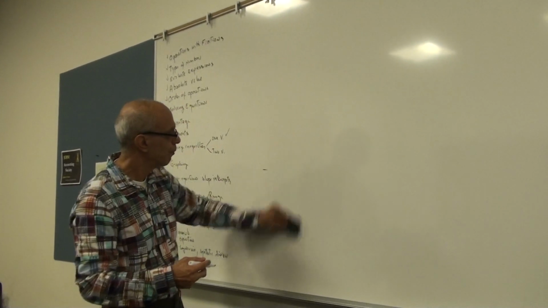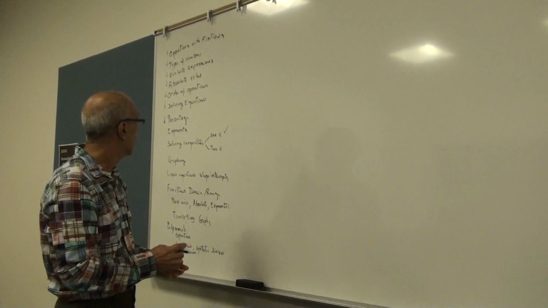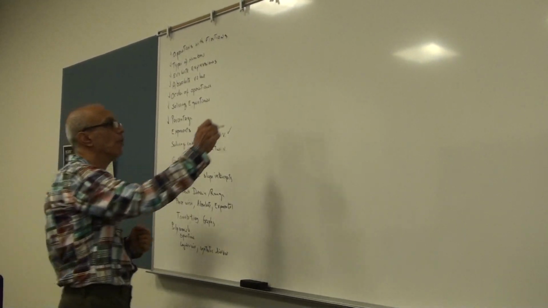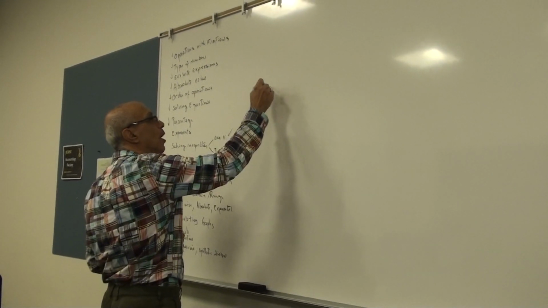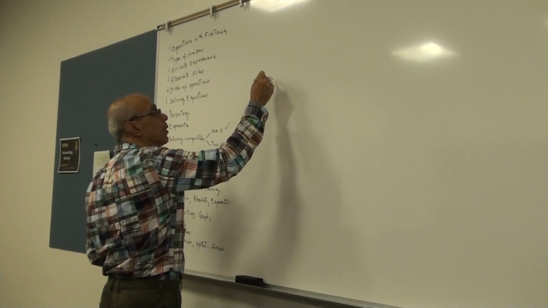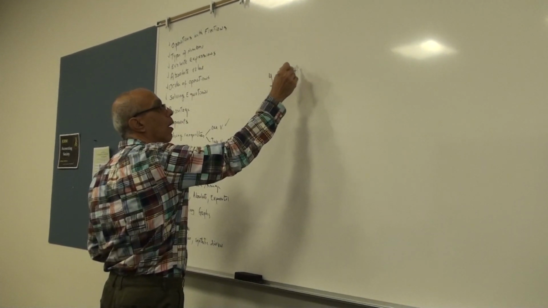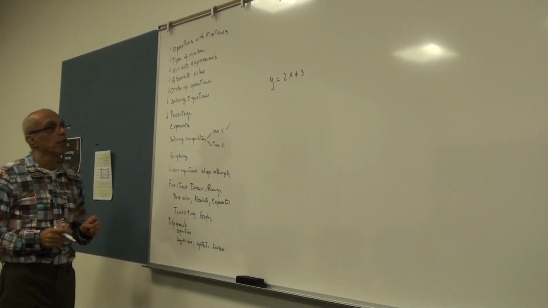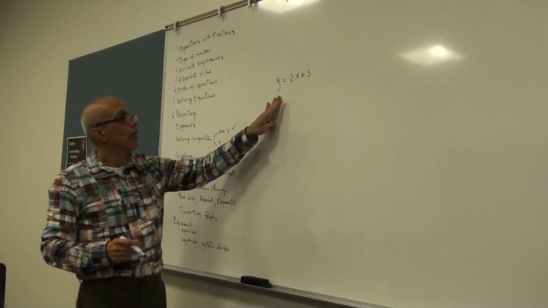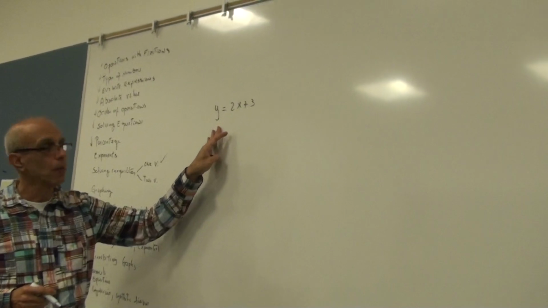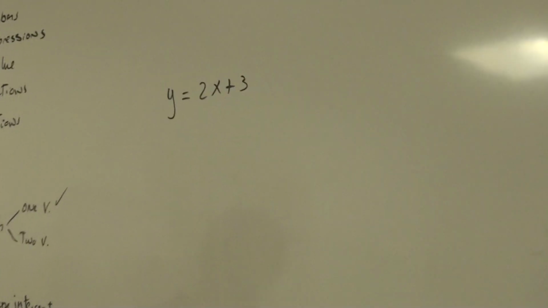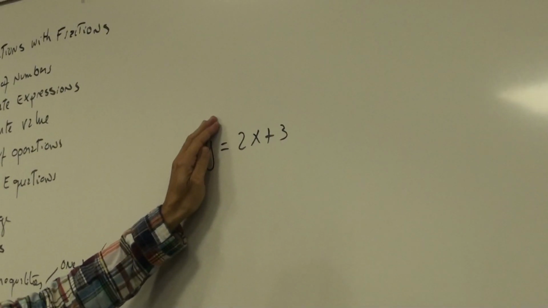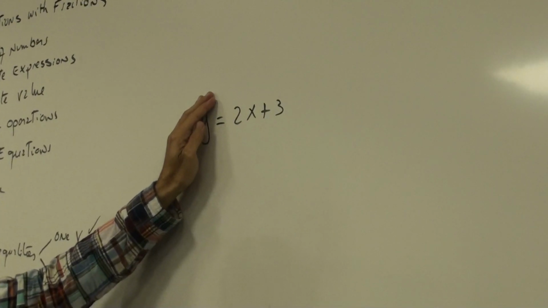Now, how do we graph? Let's go to graphing now. Before we start with inequalities with two variables, let's talk about an equation with two variables, right? An equation with one variable, it would be easy to find the solution.